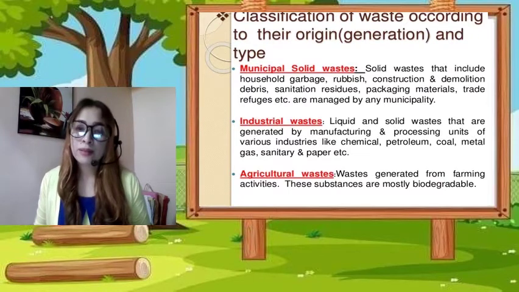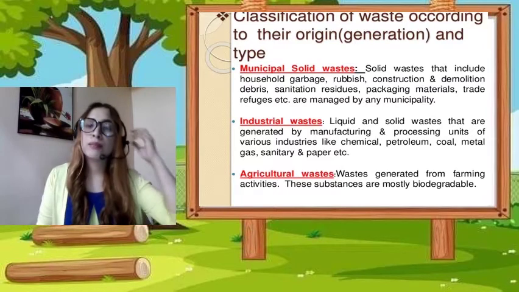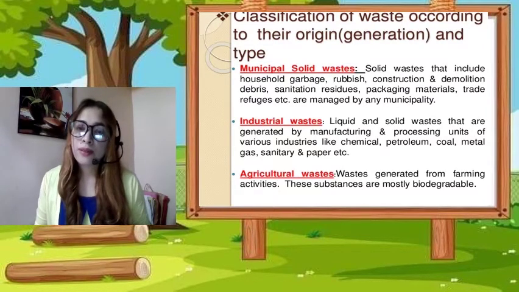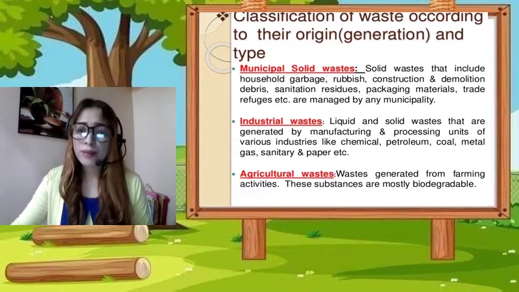Next is industrial waste, liquid and solid waste that are generated by manufacturing and processing units of various industries like chemical, petroleum, coal, metal, gas, sanitary and paper, etc. And also we have agricultural waste generated from farming activities.